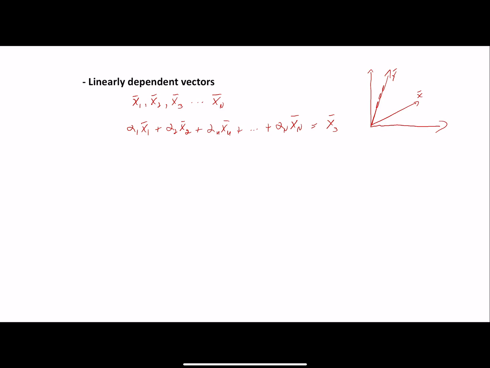But let's say now we have another vector z here. Now we can multiply x and y by the appropriate coefficients and sum them together to get z. So we can say that z is linearly dependent on the set of vectors x and y in this case.